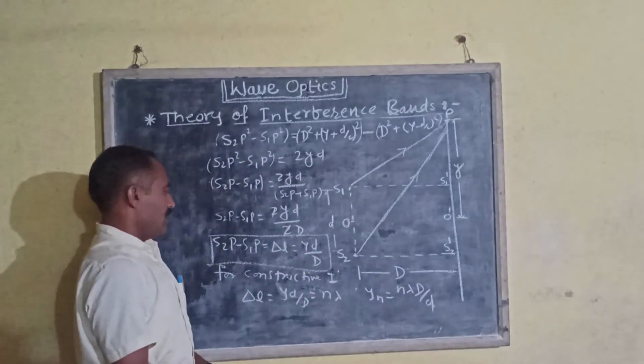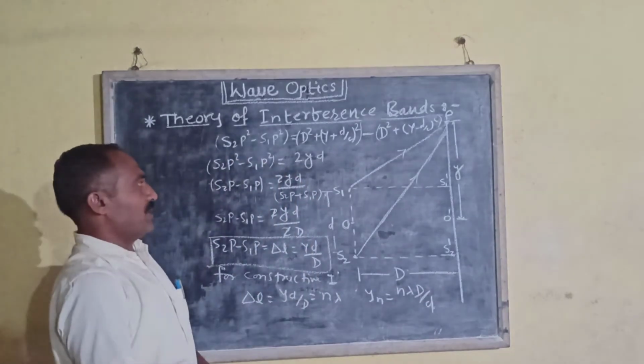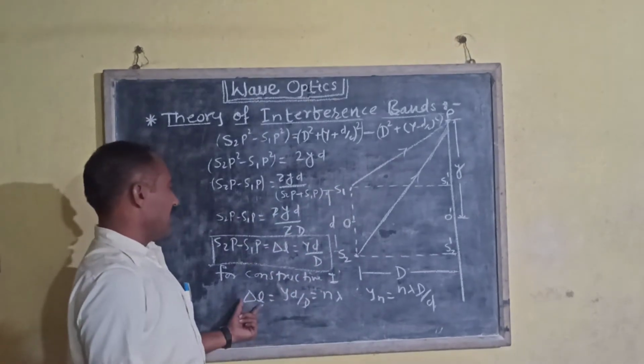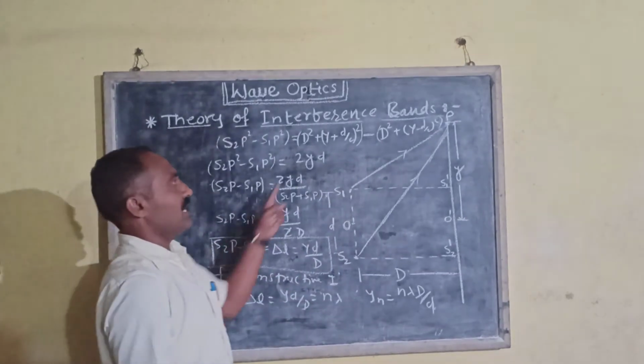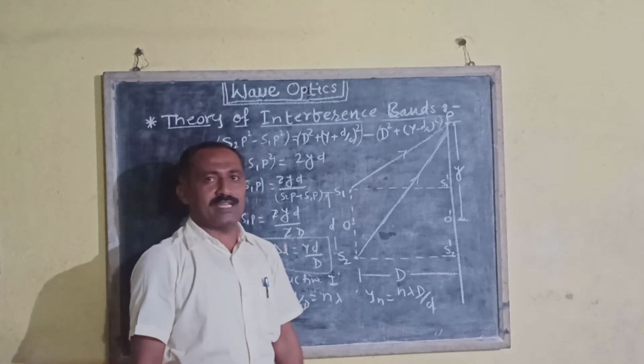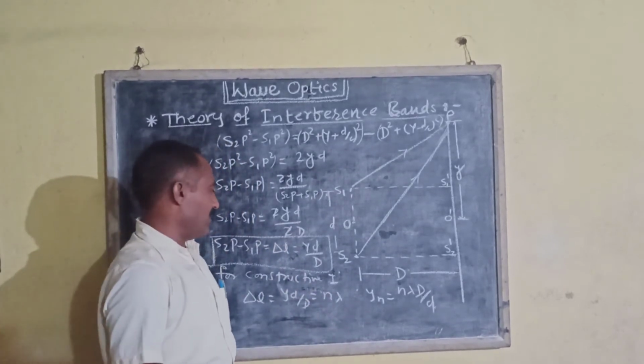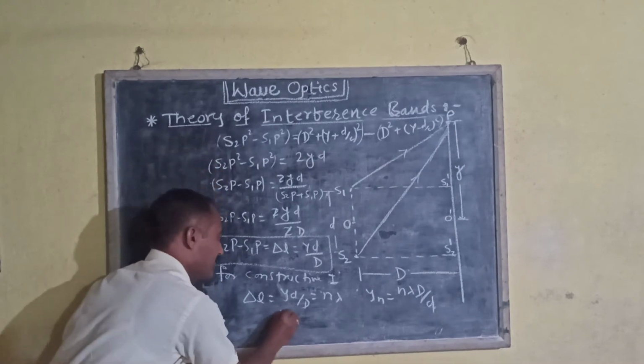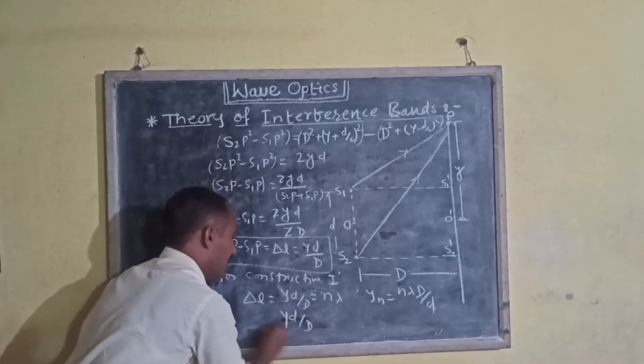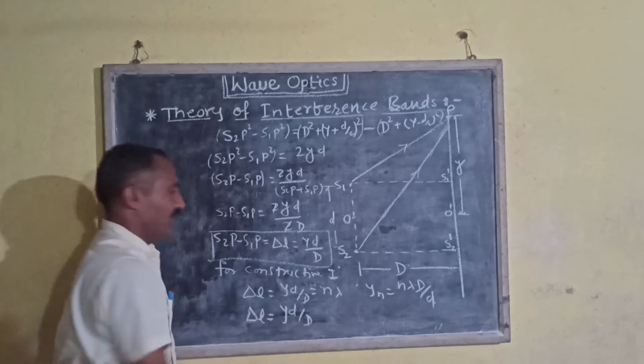Similarly, if the two waves arriving at a point are out of phase, the point appears dark.